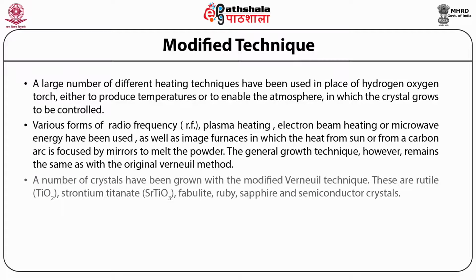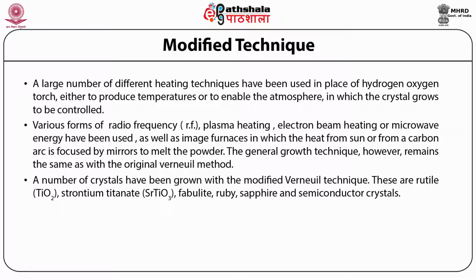A number of crystals have been grown with the modified Verneuil technique. These are rutile, chemical formula TiO2, strontium titanate, chemical formula SrTiO3, fabulite, ruby, sapphire, and semiconductor crystals.